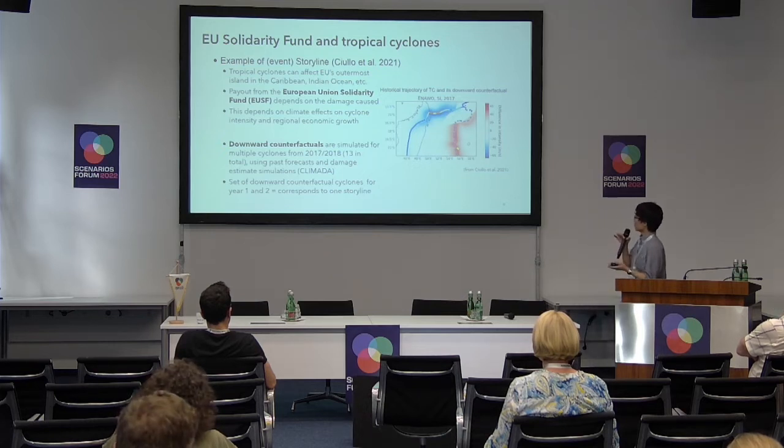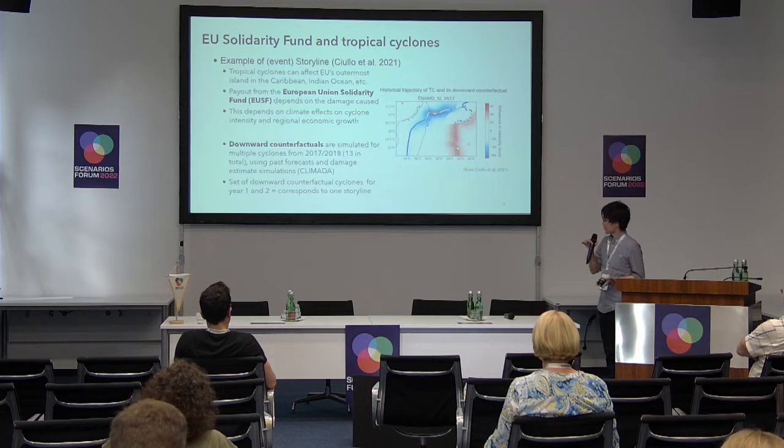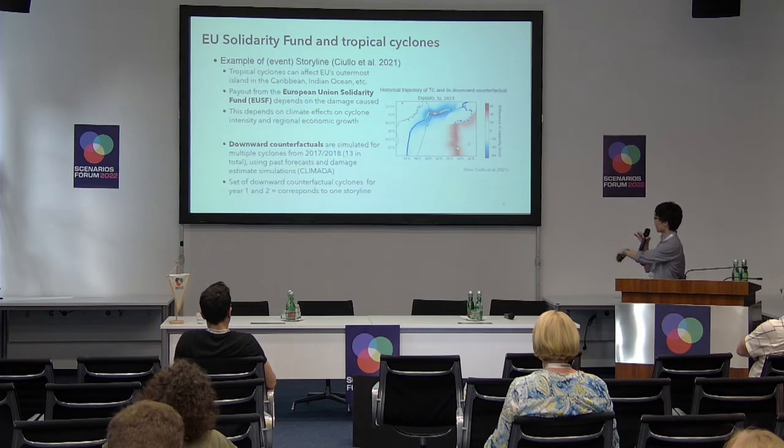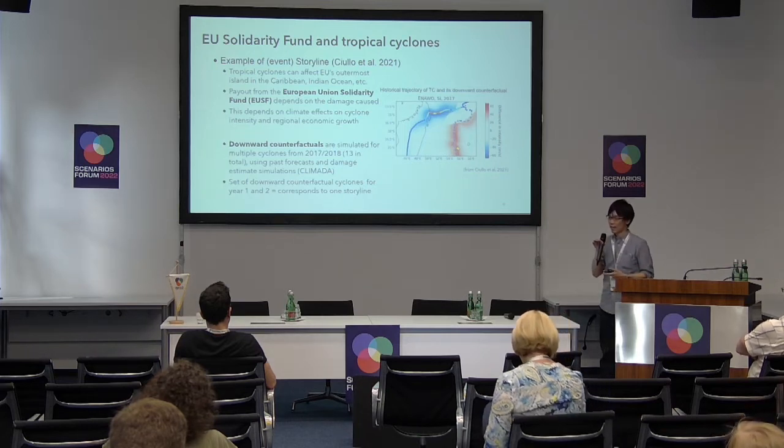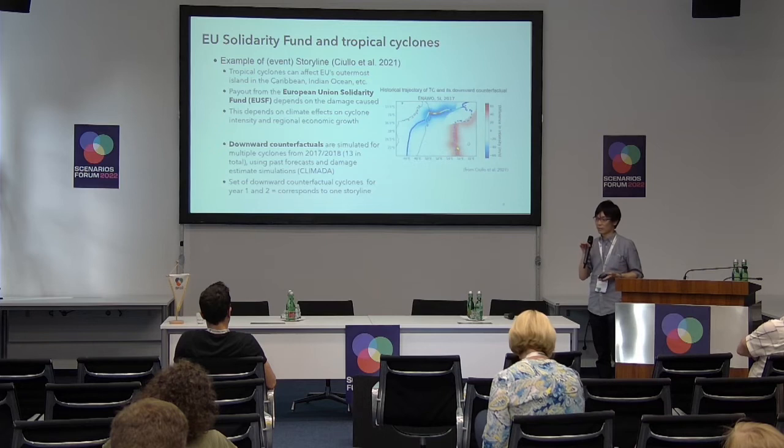The blue solid line corresponds to the actual trajectory of a cyclone that occurred in 2017. It goes over Madagascar. But based on past forecasts, it could have gone over the dotted trajectory on the right. And on the trajectory, there's an EU island, I think an island of France. This could have caused much damage on that island, leading to payouts from the Solidarity Fund.